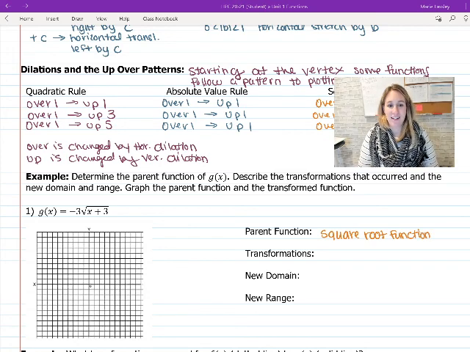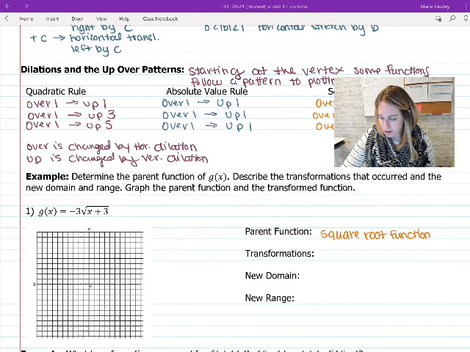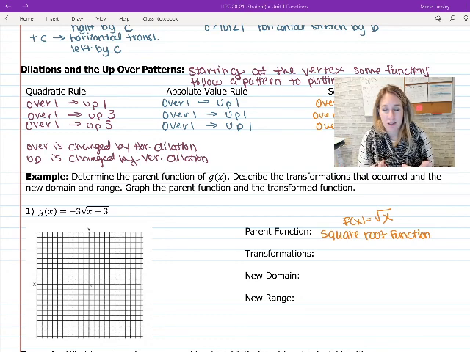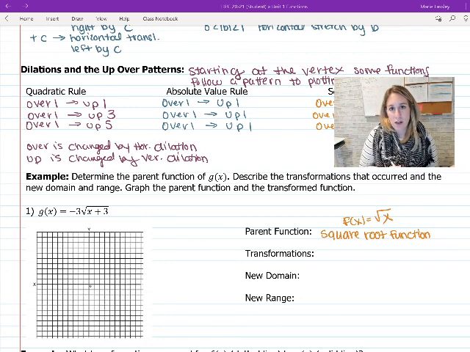Excellent, that was easy. Now I'm going to graph my parent function. If you don't know what the square root function looks like, this is f of x equals the square root of x. You can either know what this looks like in your brain, or you can go to your calculator, graph it, and then plot it. So I'm going to plot this on my graph right here.